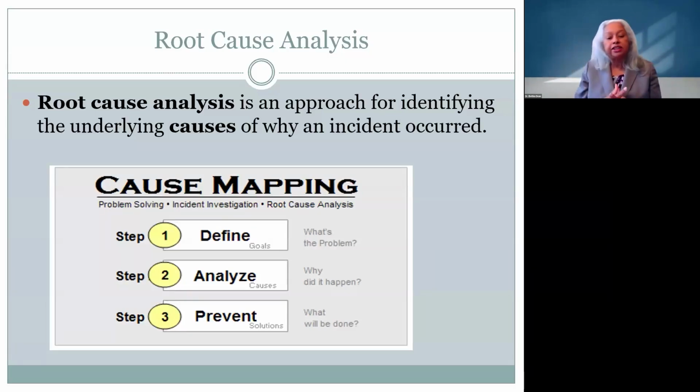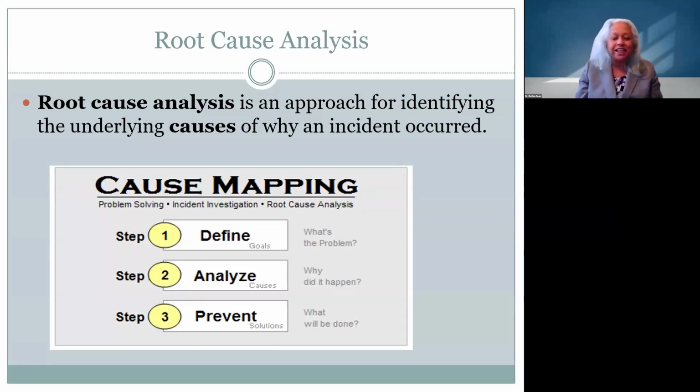So root cause analysis has to do with this mapping: define, analyze, and then prevent. A lot of us may remember Deming, who's known as a father of quality. It goes into plan, do, check, act. That all falls under the same thing, right?